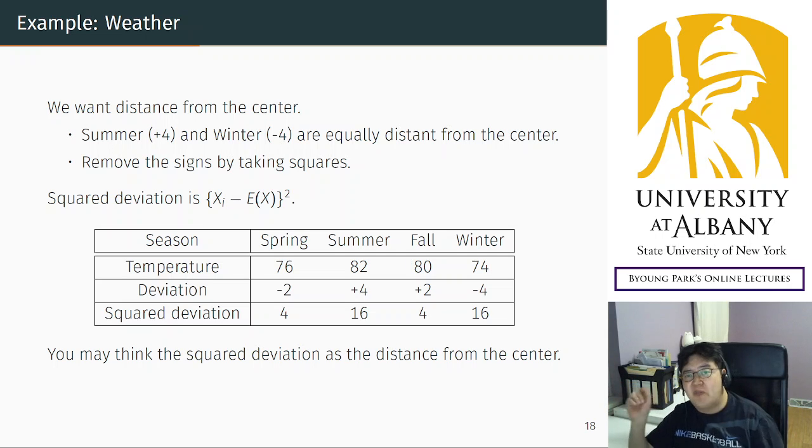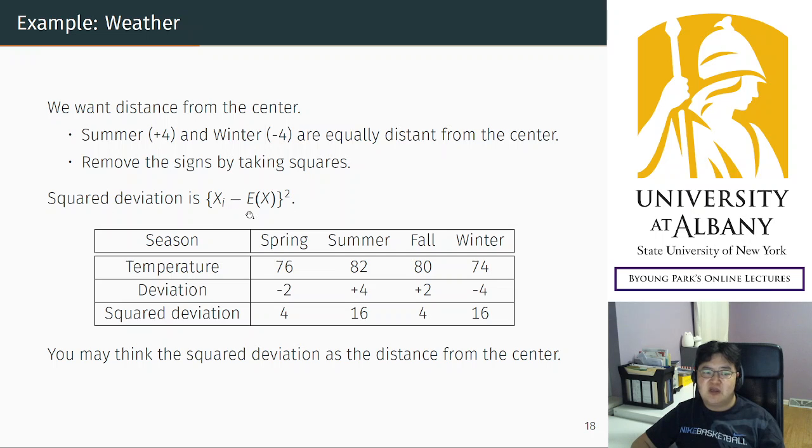I don't care whether it is the positive direction or the negative direction. What we want is the absolute value of the distance. To remove the signs, instead of taking the absolute value, we take squares. Square all the deviations.